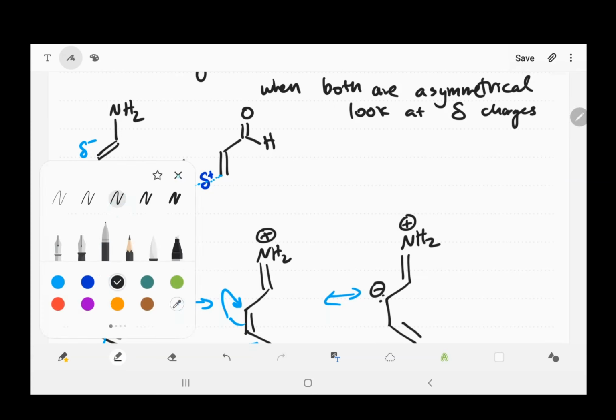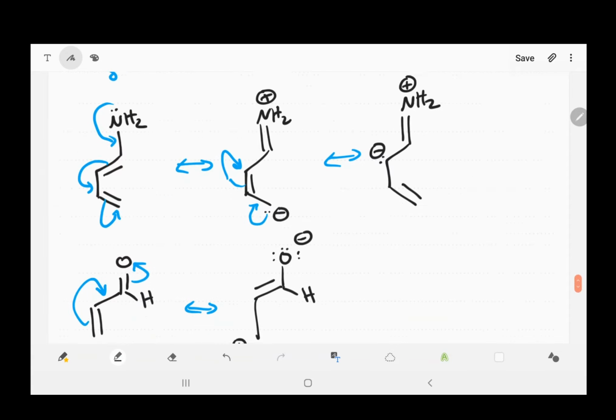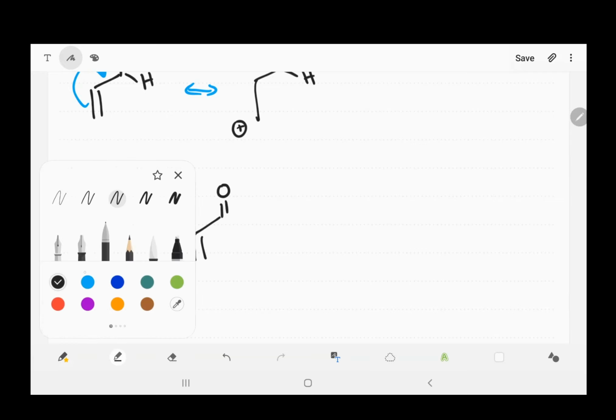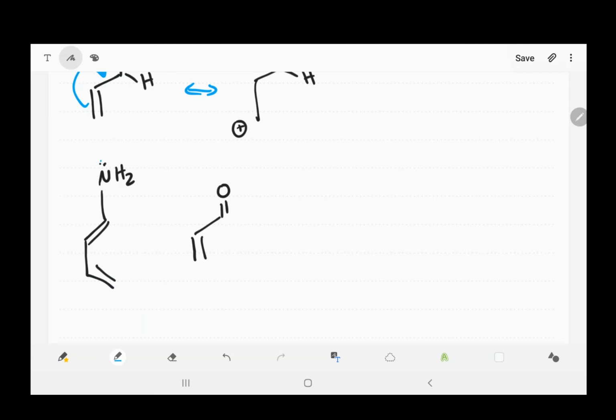I'm going to go ahead and redraw these down below a little bit. If we just push all of these resonances, we're going to see that the negative carbon 4 is going to attack positive carbon 3, and therefore this one is going to come back and form the last bit there.